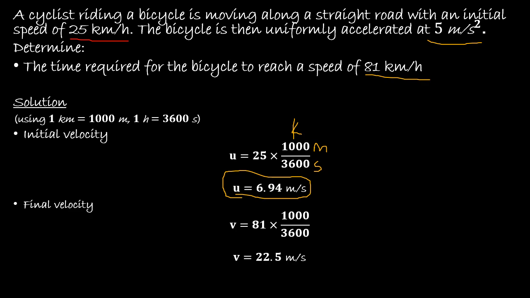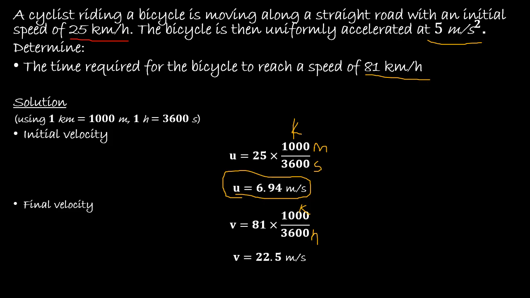We move on to the next conversion, which is the 81 kilometers per hour, and we are changing that one to meters per second. Same as before, in place of the kilo, we put 1,000 there, and in place of the hour, we put 3,600 seconds there. Do you get it?